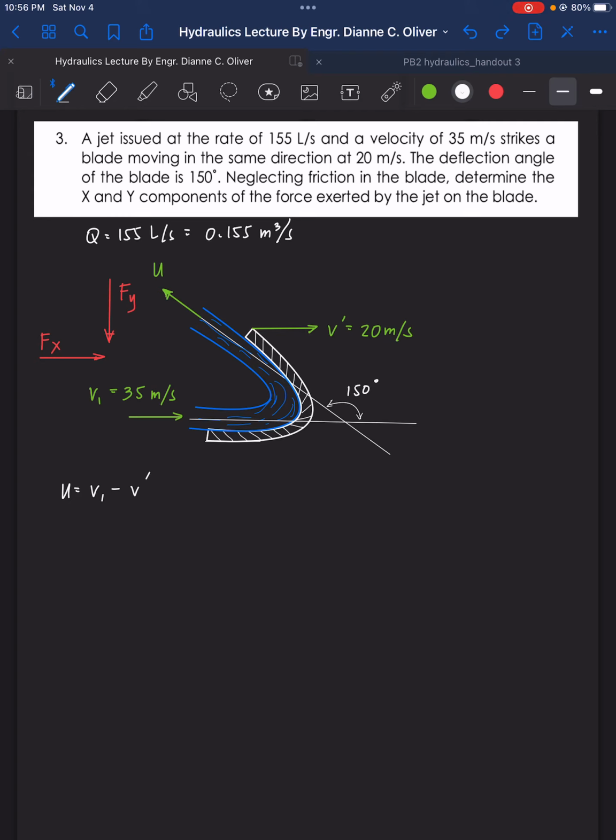This is the Vx direction. That is equal to 35 minus 20. So u here is equal to 15 meter per second.